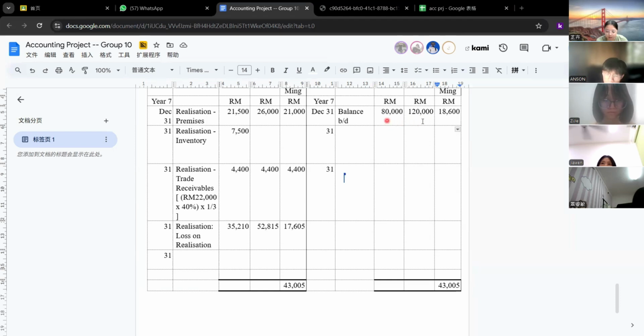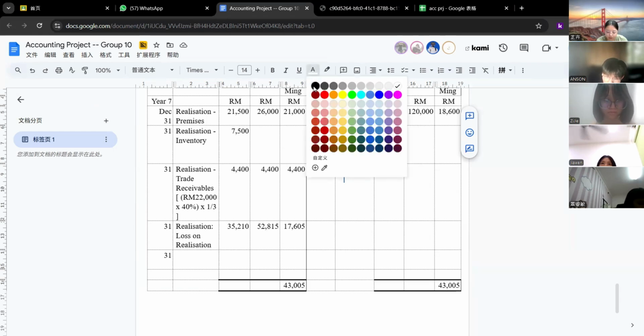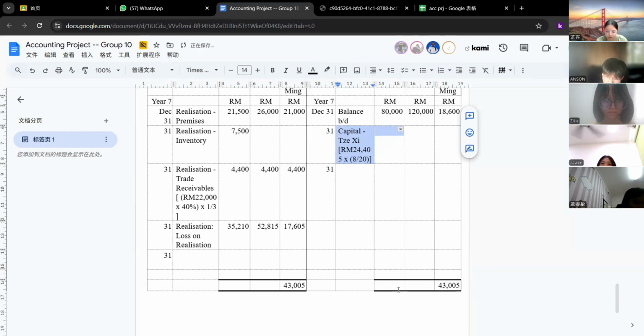So, okay, next we are going to write capital Zixi 24,405 ringgit, and we must times the ratio of capital account, which is 8 of 20 for Zixi.